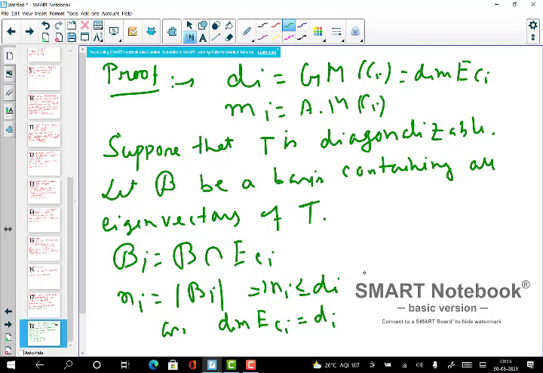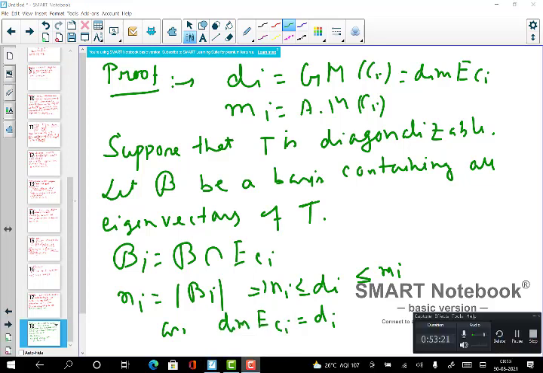So this is one way. And also you know that these di are less than or equal to mi, which we already proved in the first step. So we already proved that the algebraic multiplicity is bigger than or equal to the geometric multiplicity, right? So with the help of this, now you will sum it. How do you sum it?